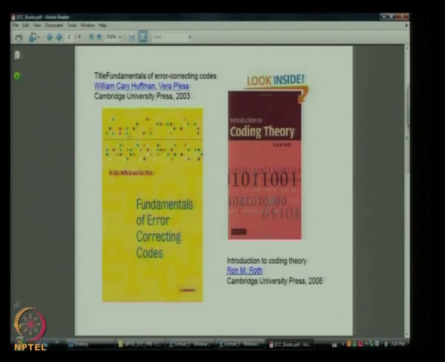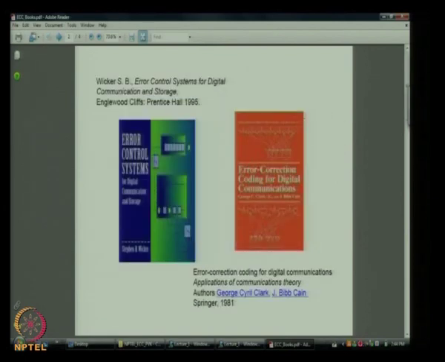I think to some extent the textbooks differ in their coverage of the topics. For example, one author who has done research in a particular topic might actually emphasize that topic in relation to the others. So, that often is the difference between textbooks. Now, the other comment I should make is about the classical coding theory, which tends to be algebraic, versus the modern, which tends to be probabilistic.